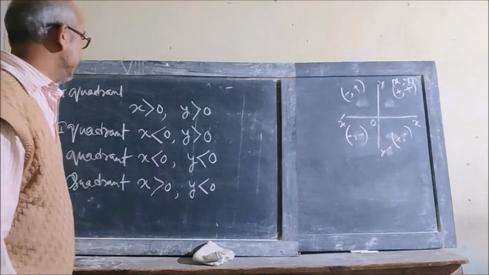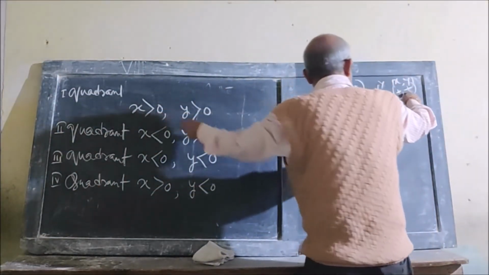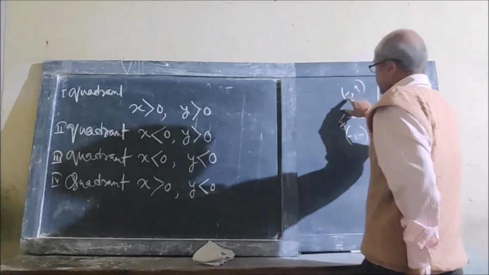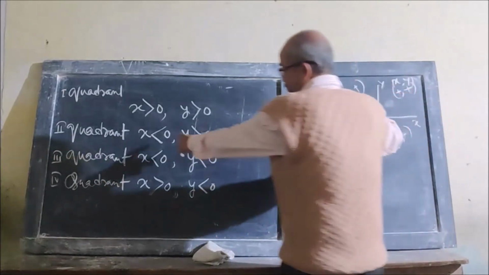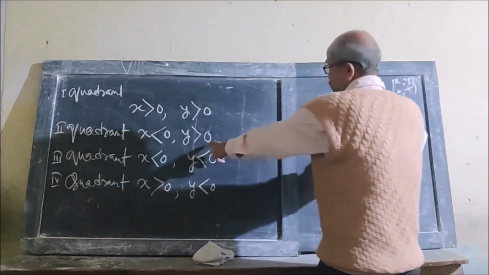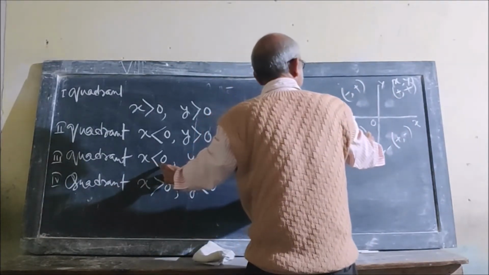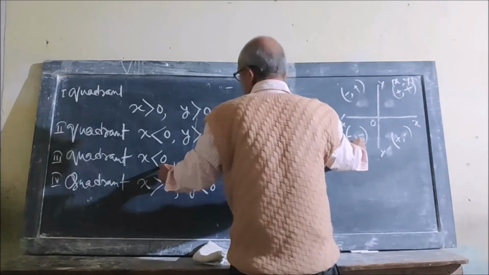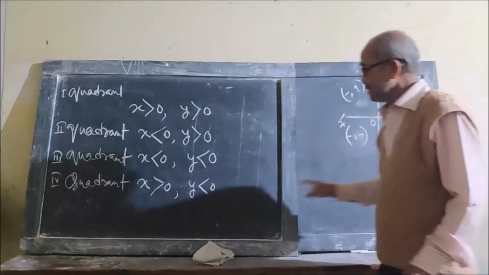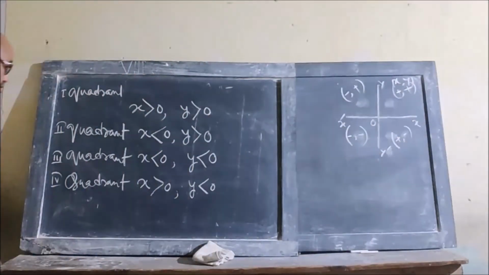On comparing, x greater than 0 with plus sign and y greater than 0; x less than 0 as there is minus and y greater than 0; x less than 0 and y also less than 0; but here x greater than 0 and y less than 0.